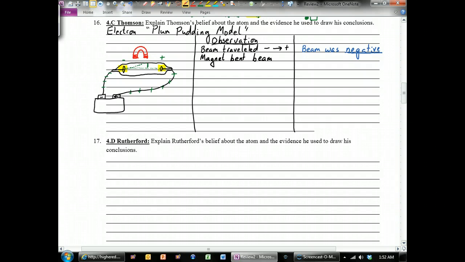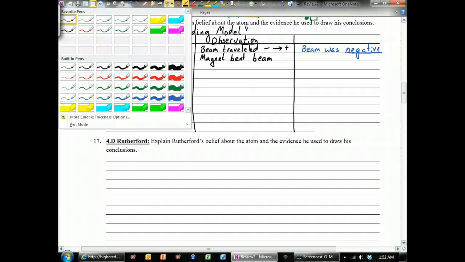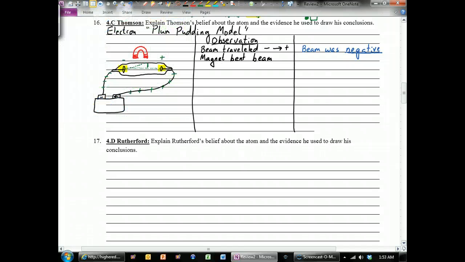Well, magnets or magnetic fields don't act on light. So his conclusion from that was that the beam had mass. There was something in there that had mass. So just from these two observations, he concluded that whatever's in this beam is negative and has mass.